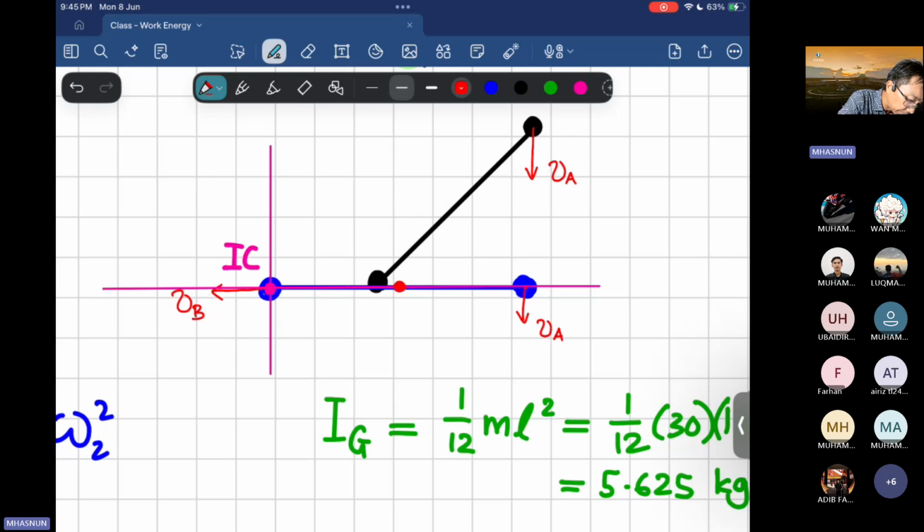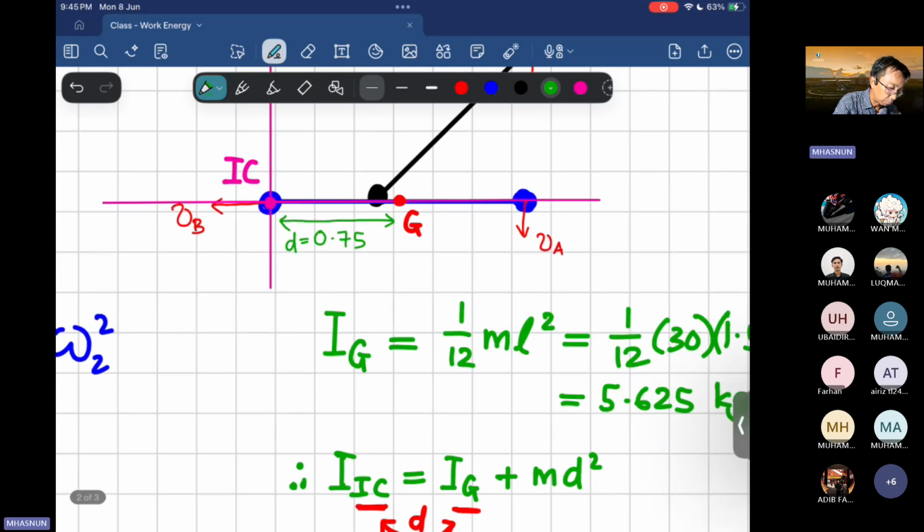This is point G. Jadi, d here is basically separuh daripada panjang rod tersebut, 0.75. This is the d. d is equal to 0.75.